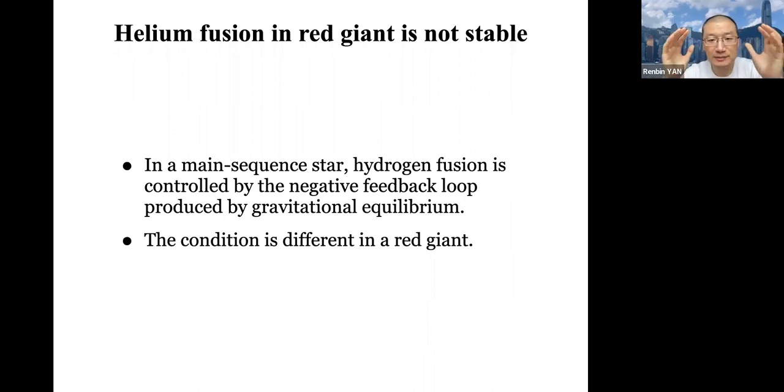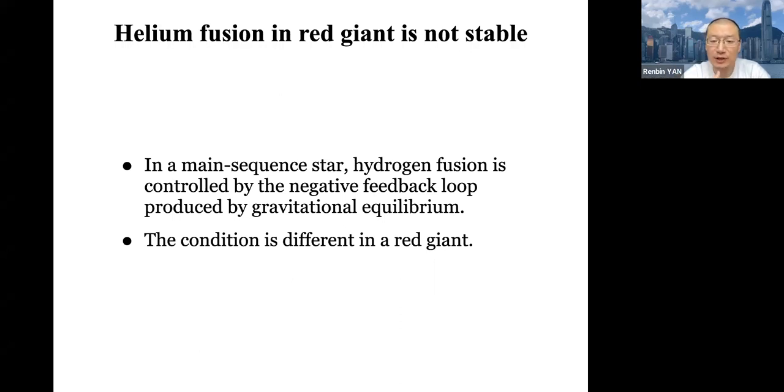Because pressure is balanced with gravity, if the pressure in the center gets higher, it will expand the core a little bit. When it expands, the density and the temperature will drop. The temperature drop reduces the fusion rate. So that forms a negative feedback loop, so that the fusion rate cannot go too high or too low, too fast or too slow. It's basically controlled by this gravitational equilibrium. That's the situation in a main sequence star.